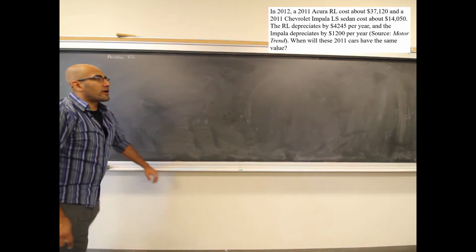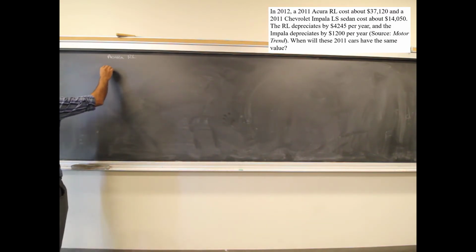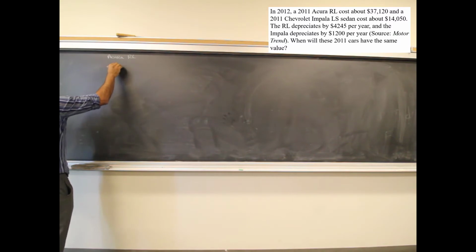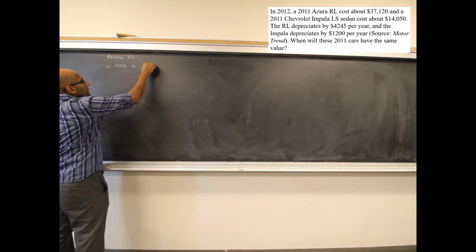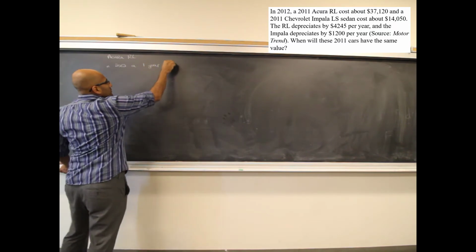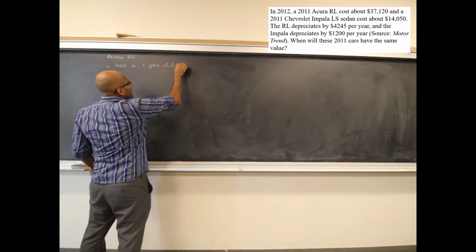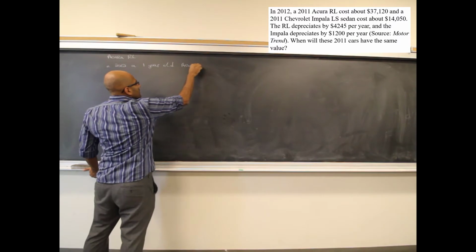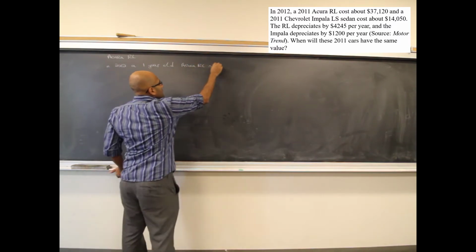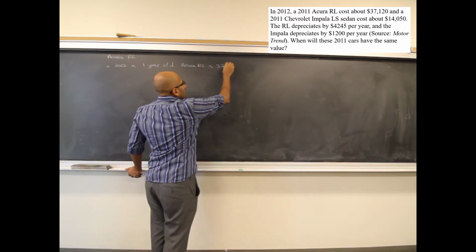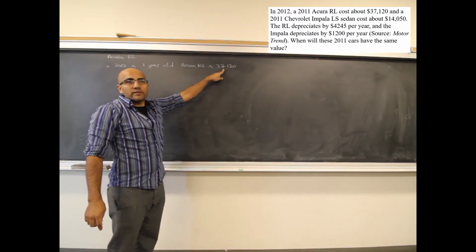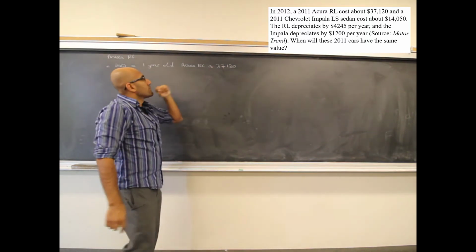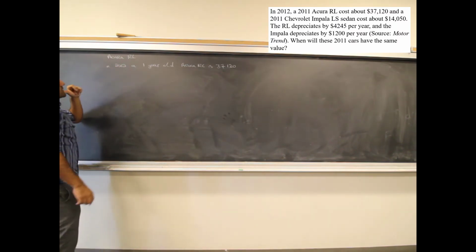So another way of saying that is that in 2012, a 1-year-old Acura RL is $37,120. It's already 1 year old at that point, right? That's what they're letting me know. So that's something we know about the Acura.